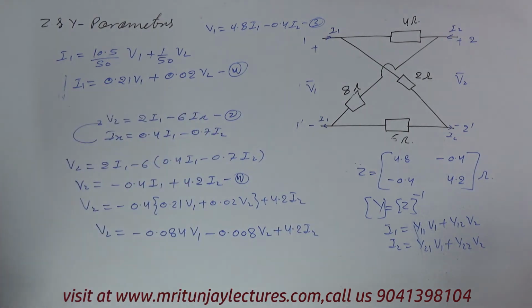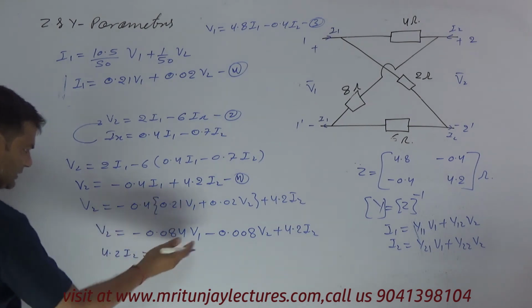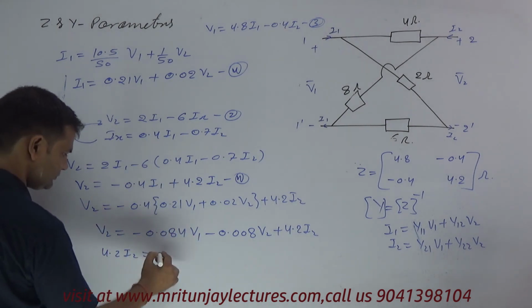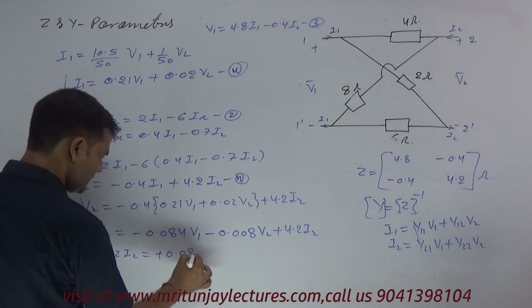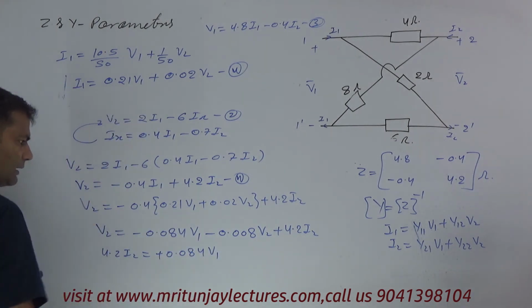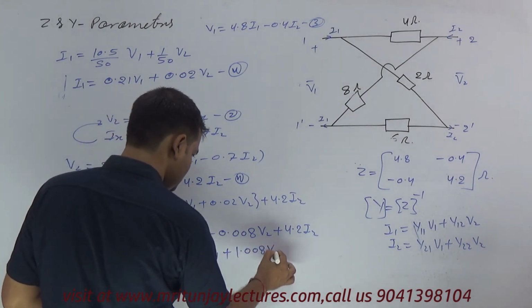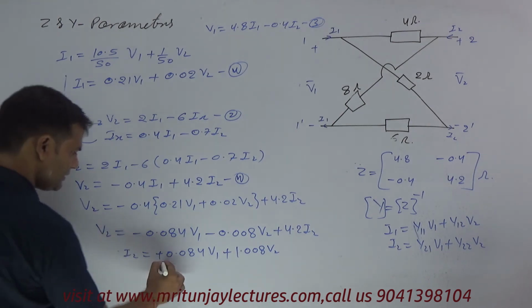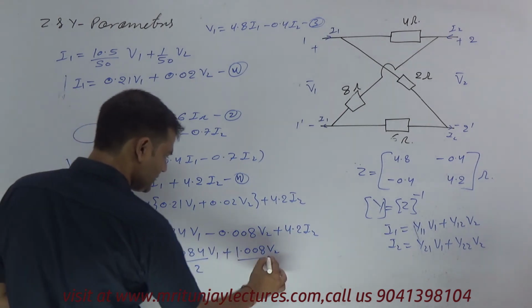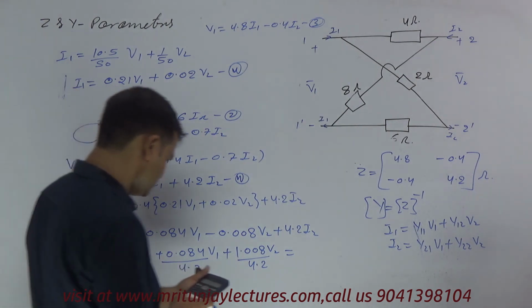Okay, so 4.2 I2 is written as plus 0.084 V1, and plus 1.008 V2. If divided by 4.2 on both sides, then we got the final answer.